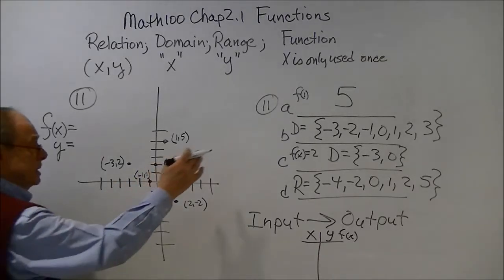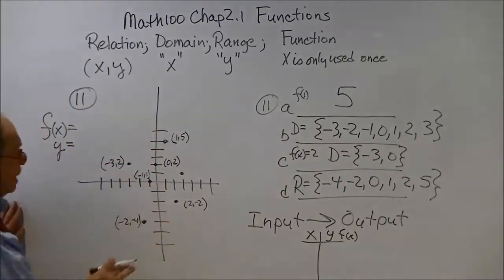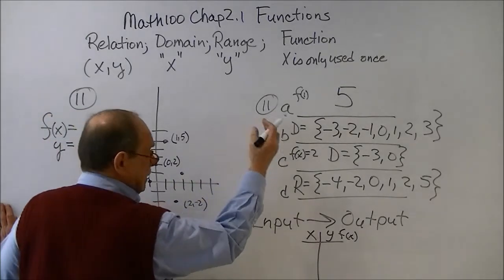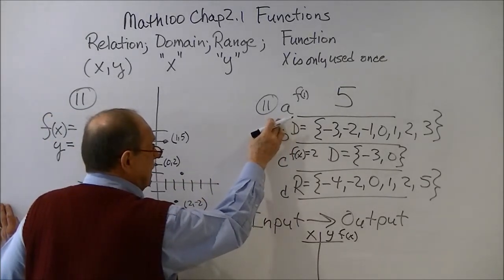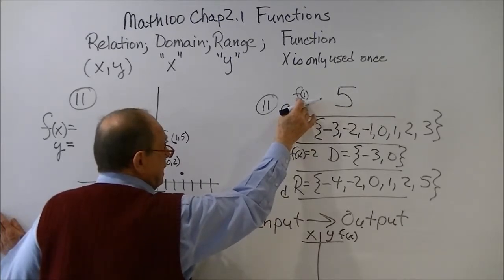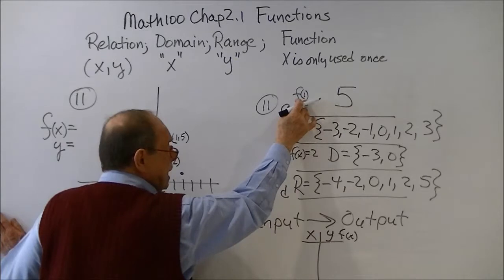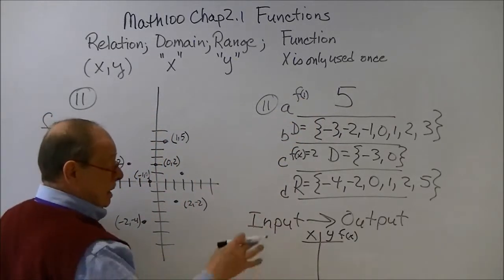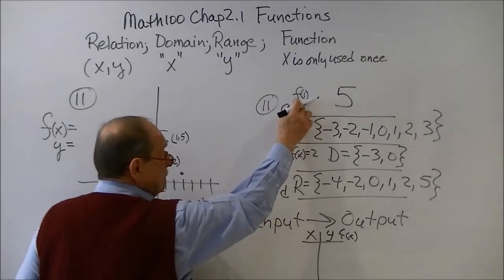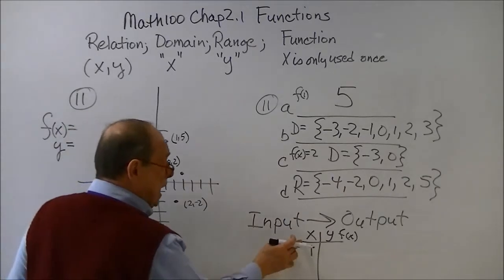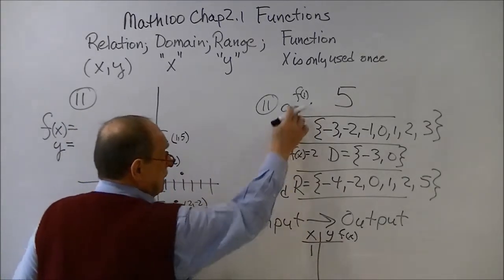Now, for number 11, they gave us this graph. And they're asking us, the first part of it, 11a, is what if the function notation, instead of the letter x here, you're going to have a 1. So, again, let's put this x, this value of 1, right there. Now, if x is 1, that's what they're saying.